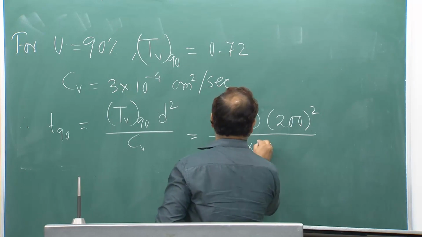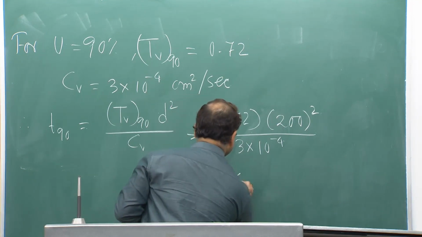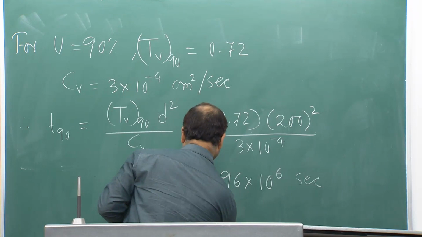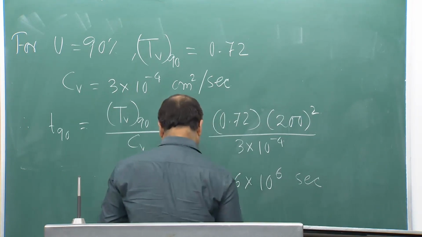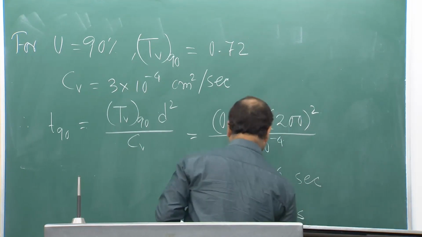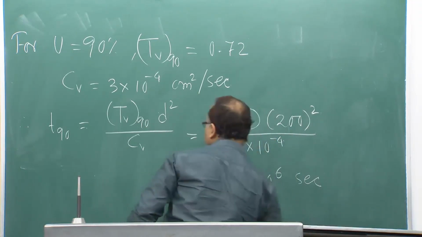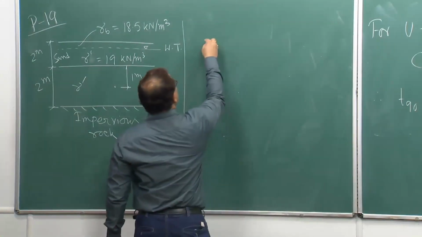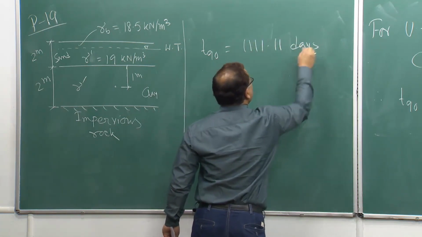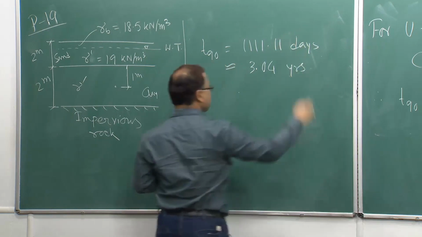divided by CV, which is 3 into 10 to the power minus 4, which gives me 96 into 10 to the power 6 seconds, which comes to approximately 1111.11 days, which is approximately 3.04 years.